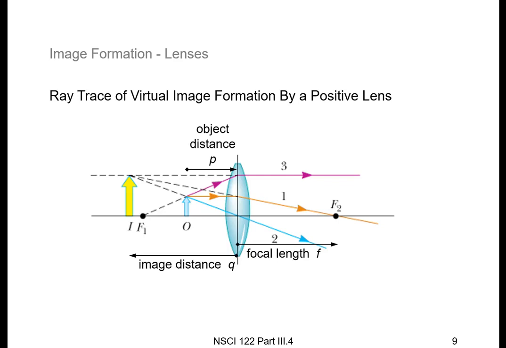If we were using a formula where we have to pay attention to signs, that is actually a negative image distance because it's to the left. So in those formulas, a negative image distance means the image is on the left side of the lens. Then that would be the object height, the height of that blue arrow, positive if we obey the plus-minus convention. And the image height H prime would also be positive if we were going to use those formulas.